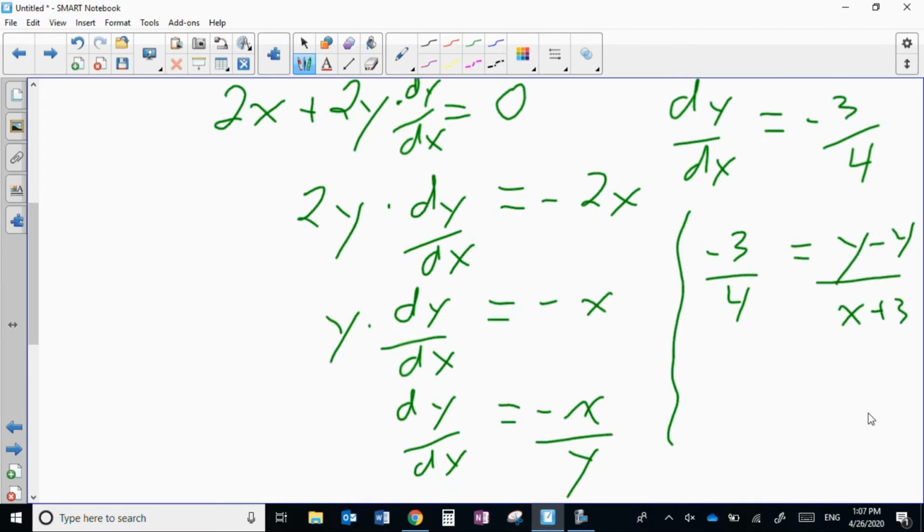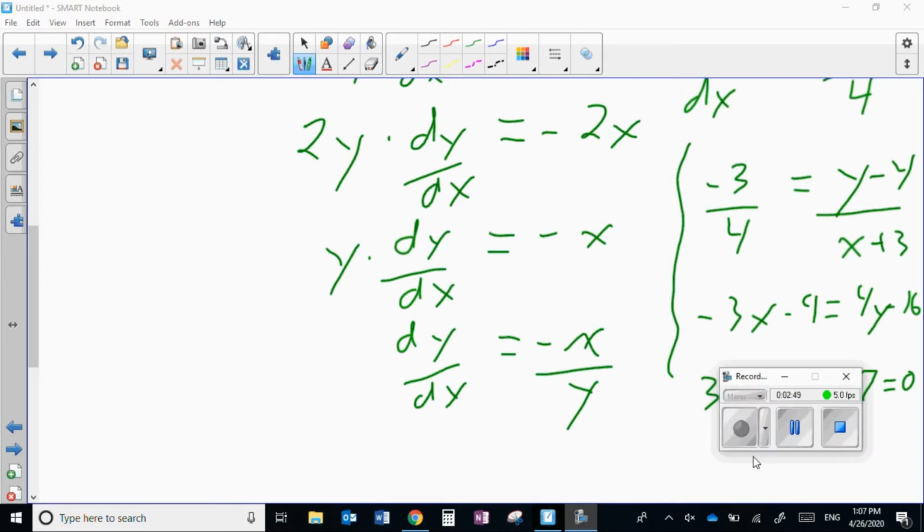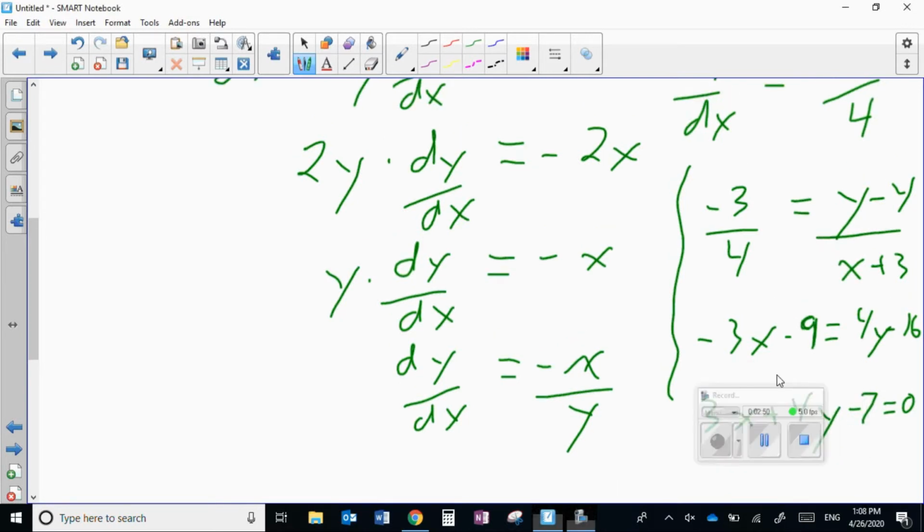And we can rearrange that however we want. Negative 3x minus 9 equals 4y take away 16. Or 3x plus 4y minus 7 equals 0. So there's our equation of the tangent line to the circle at the point 3, 4.